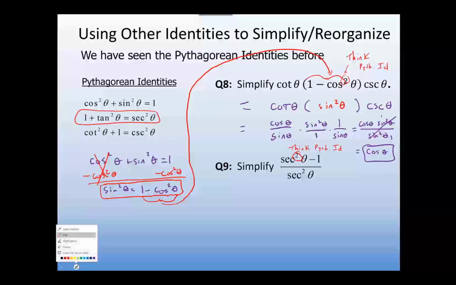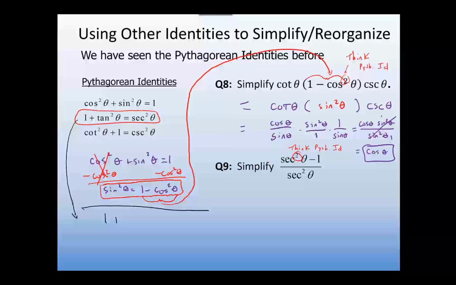So what I'm going to do is take that identity down here and do a little rearranging on it. 1 plus tangent squared equals secant squared theta. And if I rearrange it, I could subtract the 1 over, and it's going to look like number 9.